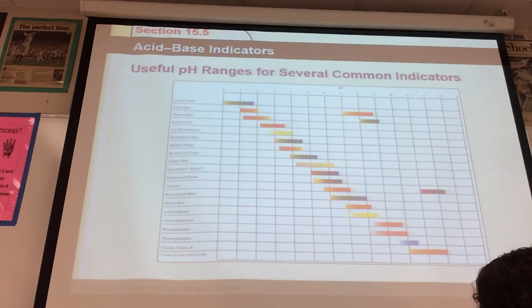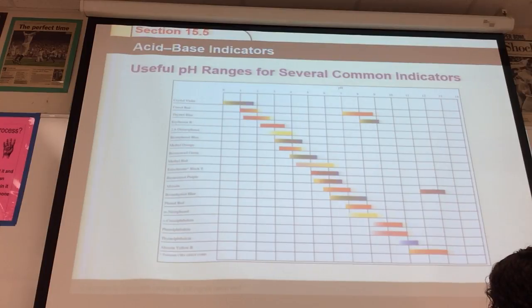So if I look at the following grid, 5.37 is about here, and as I slide down, I want an indicator that has a pKa closest to the pH at the equivalence point. I need its range to surround the pH at the equivalence point, and you might have to explain that the way I just said to you.